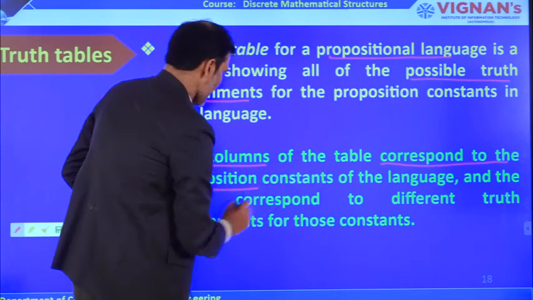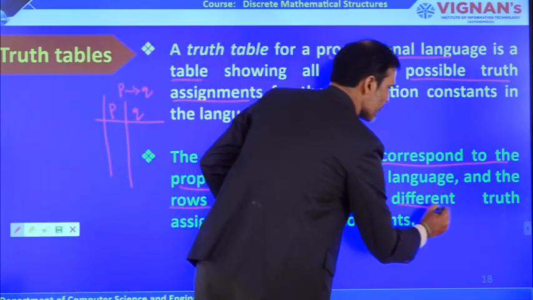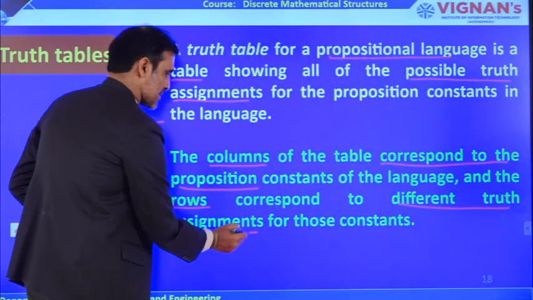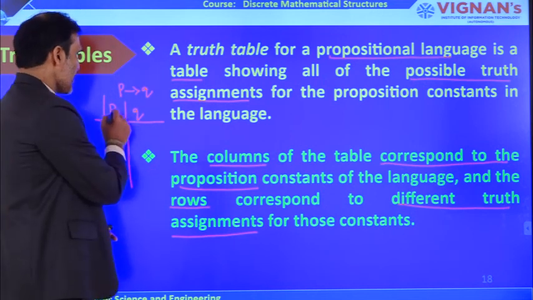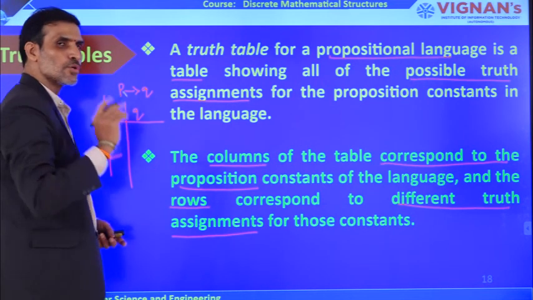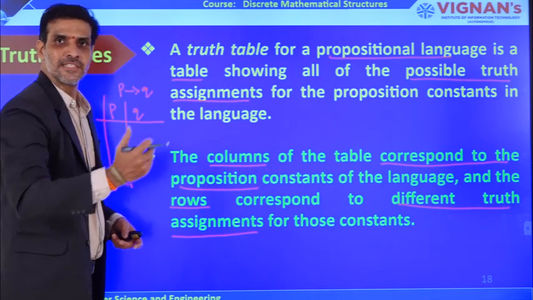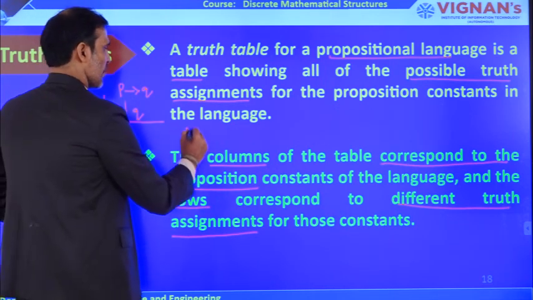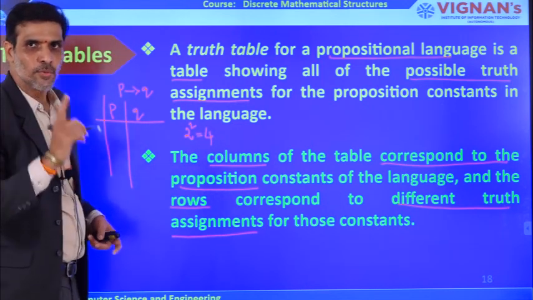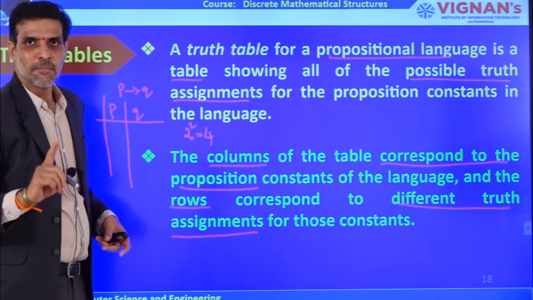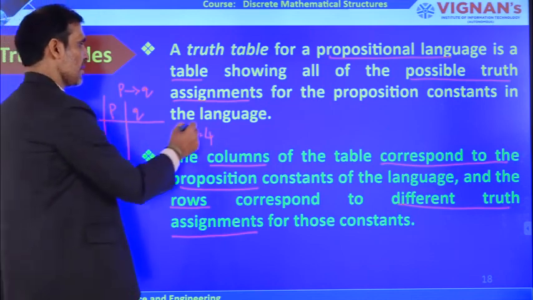And the rows correspond to different truth assignments. Because I am taking two propositional constants, the number of choices of truth assignments is 2 squared, which is equal to 4. If I take two propositional variables, the number of assignments of truth values for P and Q is 4.